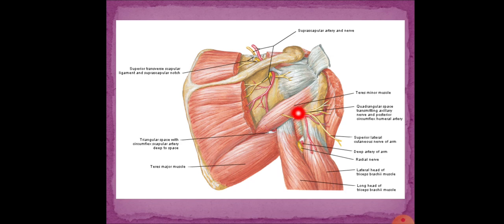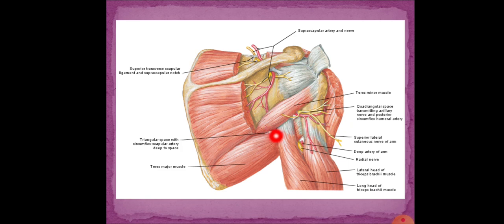The structures passing through it are the circumflex humeral artery and the axillary nerve. Okay, this is the quadrangular space.